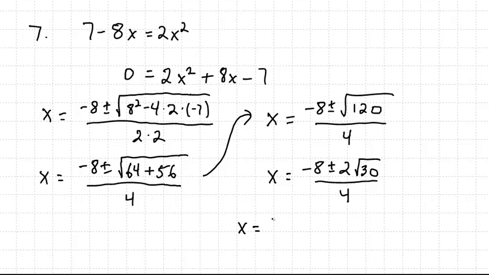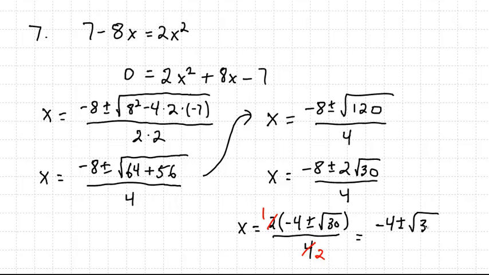I'm going to factor a 2 out of the numerator to give you a better sense of why we cancel the way we do. So we have 2 times negative 4 plus or minus root 30 over 4. I can see that 2 goes into both 2 and 4, so this is a 1 and this is 2. So x is equal to negative 4 plus or minus the square root of 30 over 2.